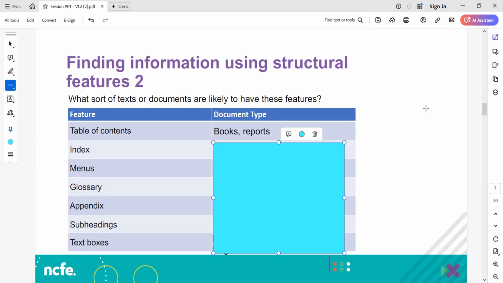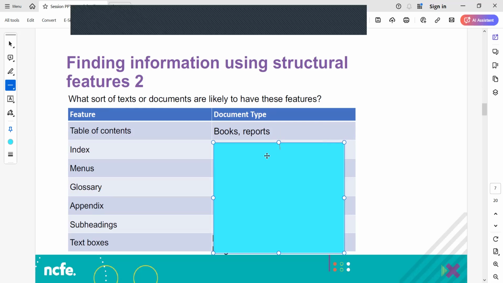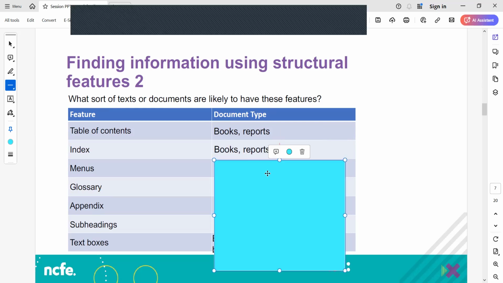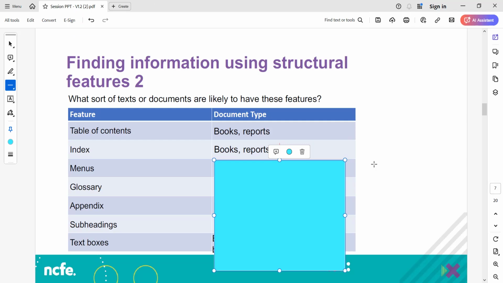Okay, an index. So let's have a look. Again, books and reports. At the back of a book, think of any type of factual, non-fiction book, you can look for information in the index alphabetically.